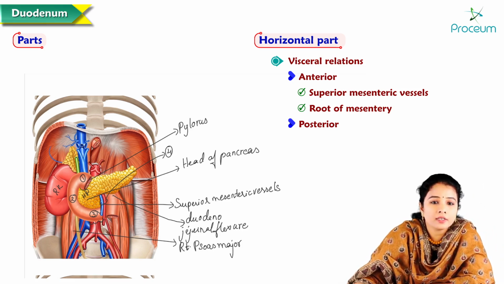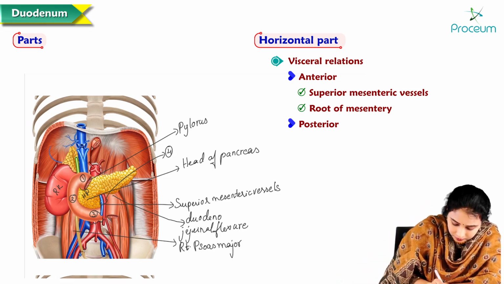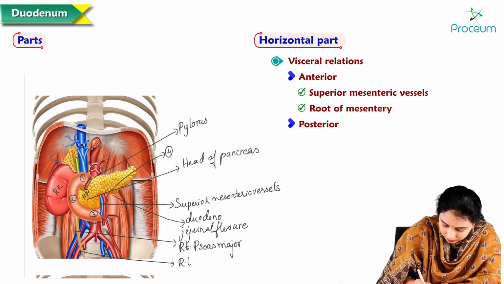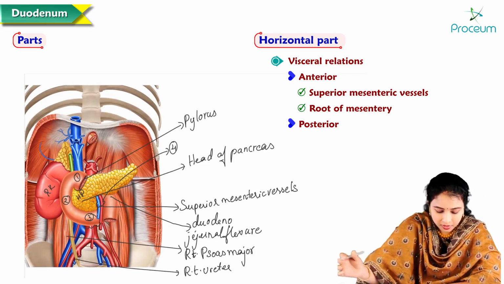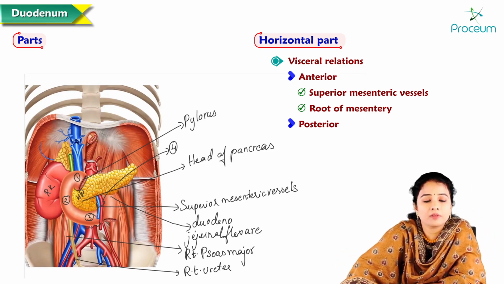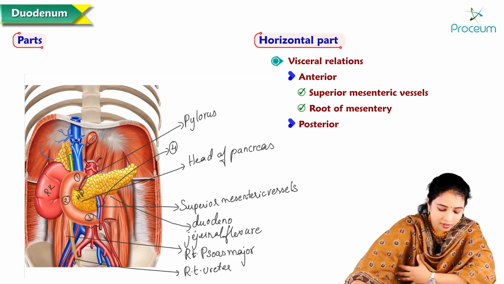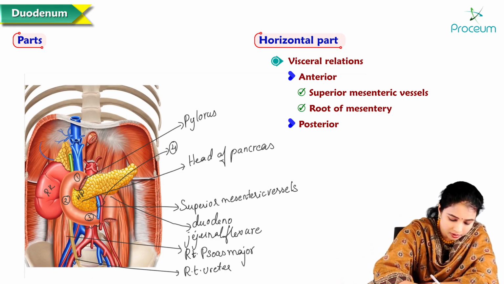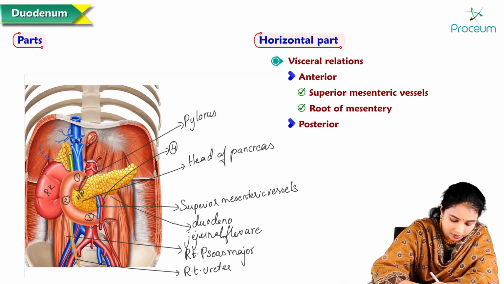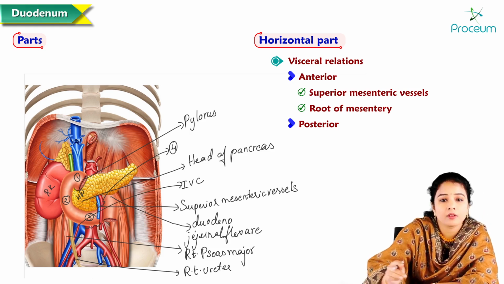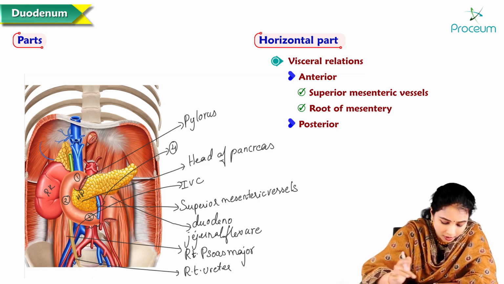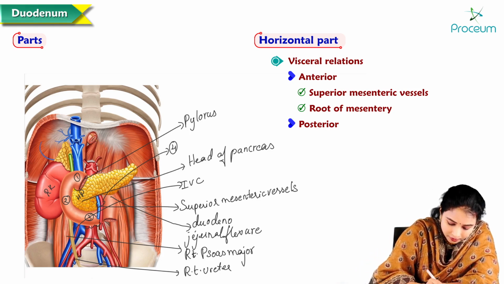And it is related to the right ureter, which is a continuation of the right renal pelvis, and it is also related to the inferior vena cava. So here we can see the inferior vena cava, and it is related to the abdominal aorta posteriorly.